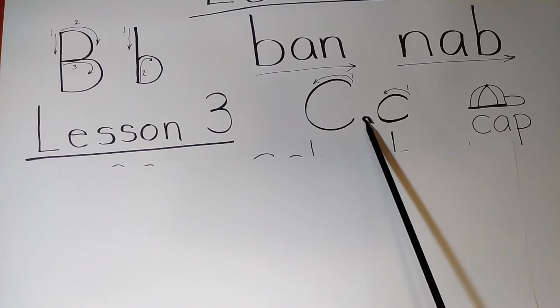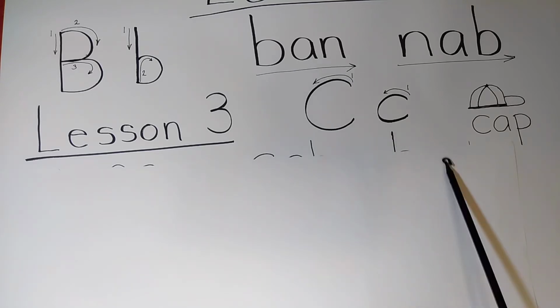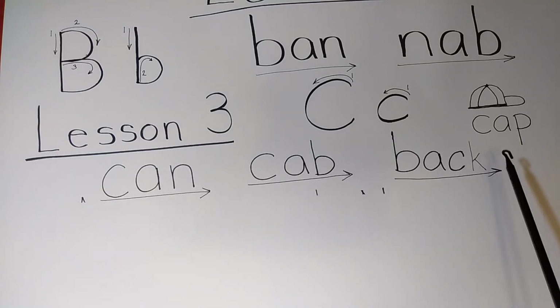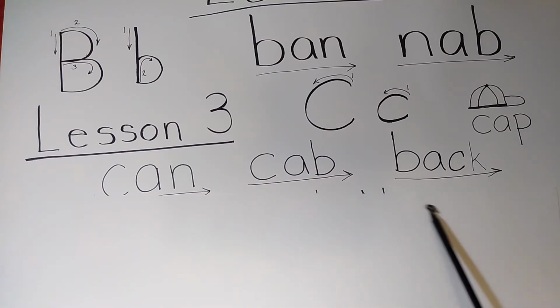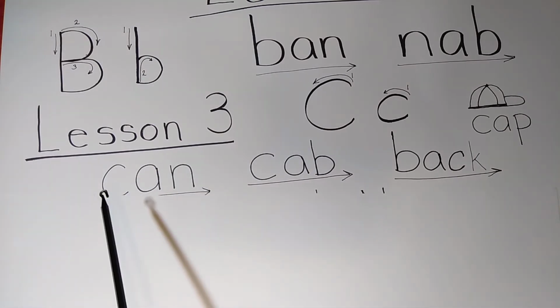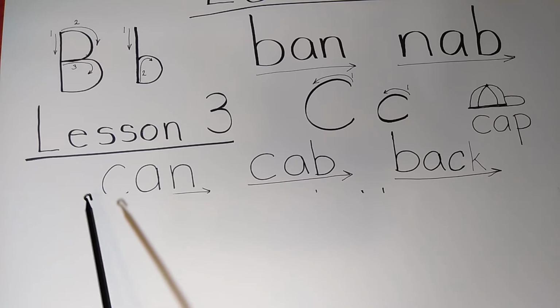And the small c is the same. Have the student make the k sound after each practice until you're satisfied the student knows the sound of C. And those of you that aren't doing the printing, you can skip to the words that we're going to be sounding out. And you other teachers, press pause.